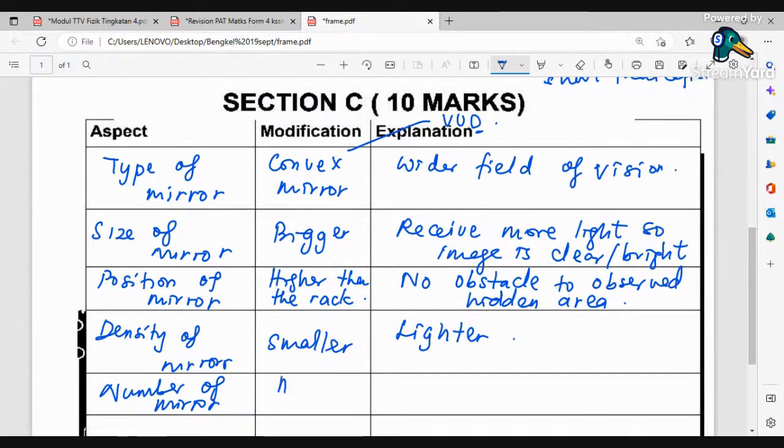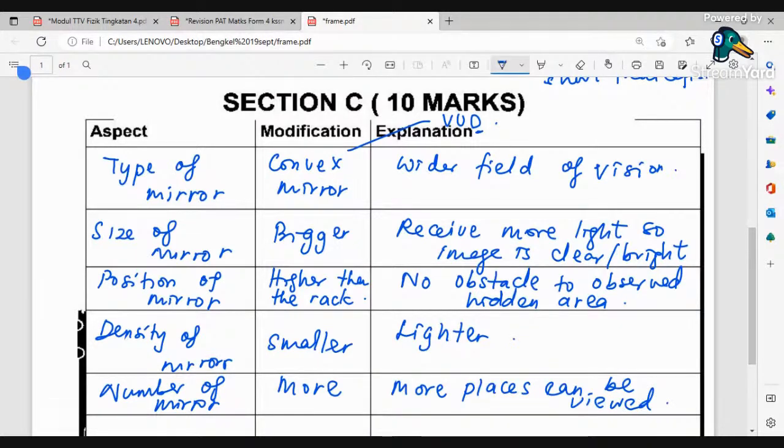Number of mirror is more. Mungkin boleh letak 2 ke 3 ke. Okay. More places can be viewed.